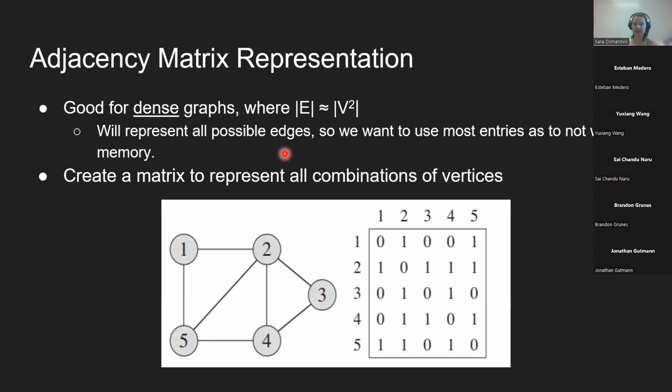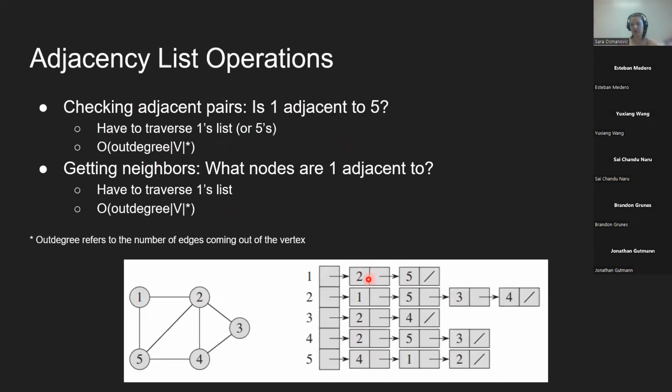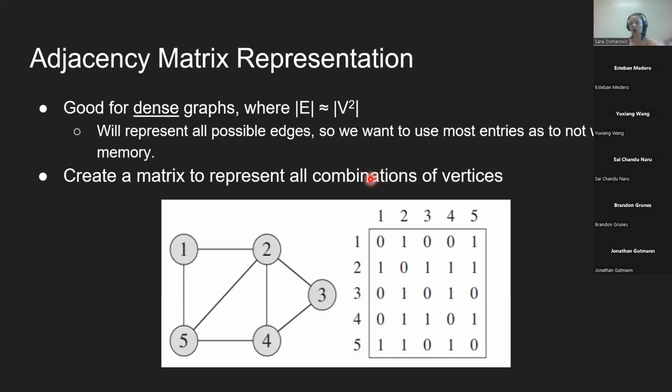So adjacency matrices are used for dense graphs, where the number of edges is proportional to the number of vertices squared. As opposed to the adjacency list, which represents only the edges that exist, an adjacency matrix represents all possible edges. Looking at this graph, it's the same as the previous example. I hope you're all familiar with matrices, but matrices are like tables.